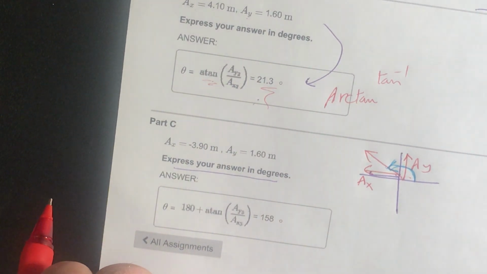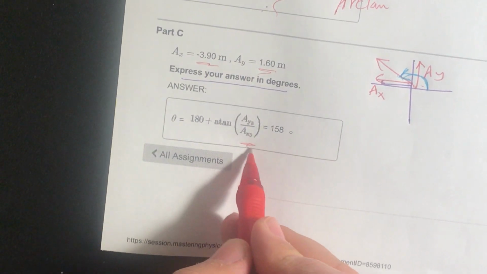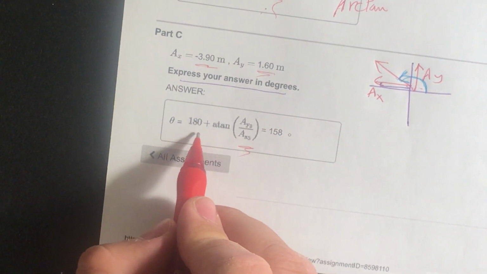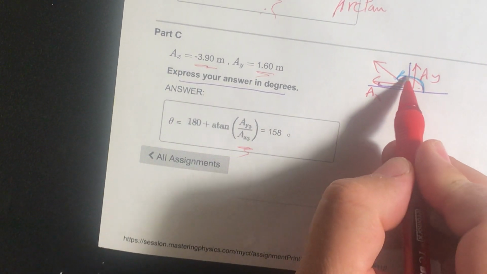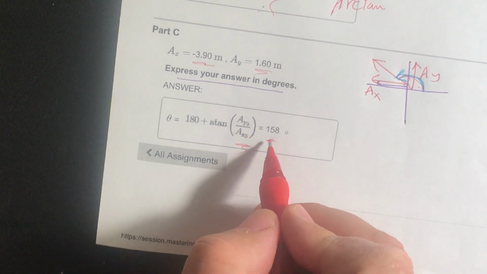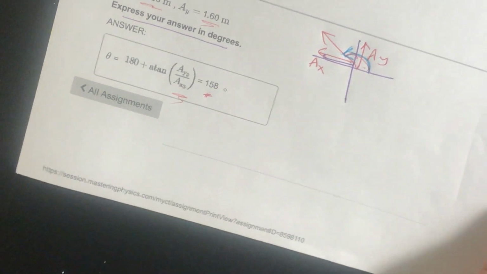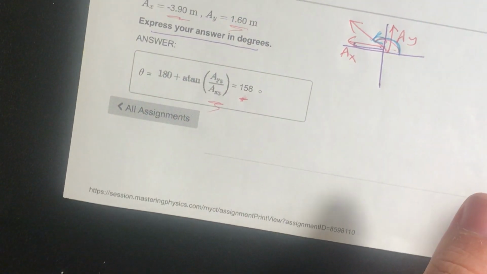This is the angle. Also the same for this question, because we find the angle from the positive x-axis. It will be 158 degrees. This is all, and this is the solution for all the assignment.